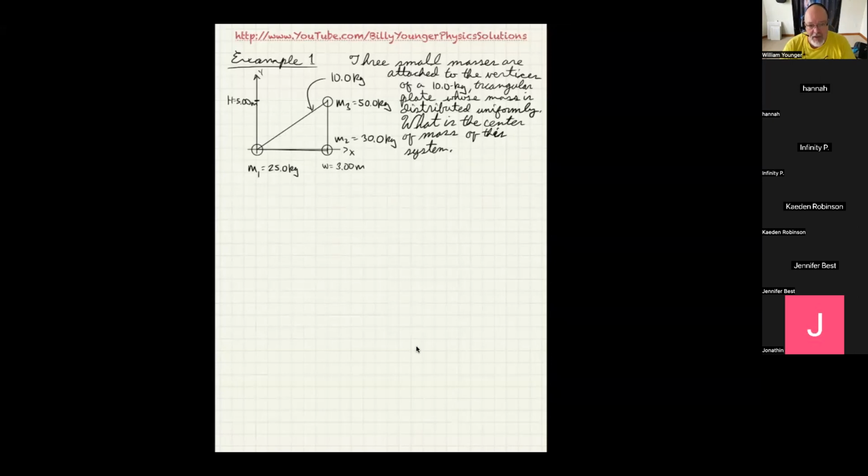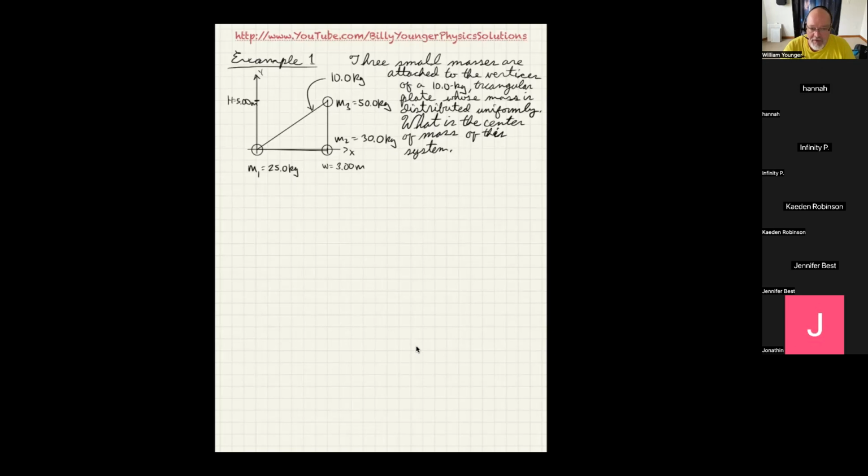So if you imagine that triangle that you see there as a homogeneous lamina, what I mean by that is it is a 10.0 kilogram plate that's triangular in shape whose mass is uniformly distributed. Now, by some magic of physics, we've managed to secure three very small masses. I said small masses because I want you to consider them as if they're point masses, even though their mass is quite large.